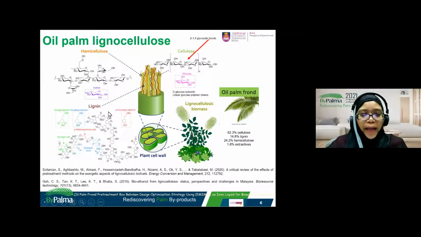Lignin is a little bit more complex, having the aromatic rings, and the cellulose has very long D-glucose subunits, high polymeric chains, and hemicellulose is a little bit shorter. So what we would like to present today is about the cellulose itself and the use of cellulose for the bioenergy.